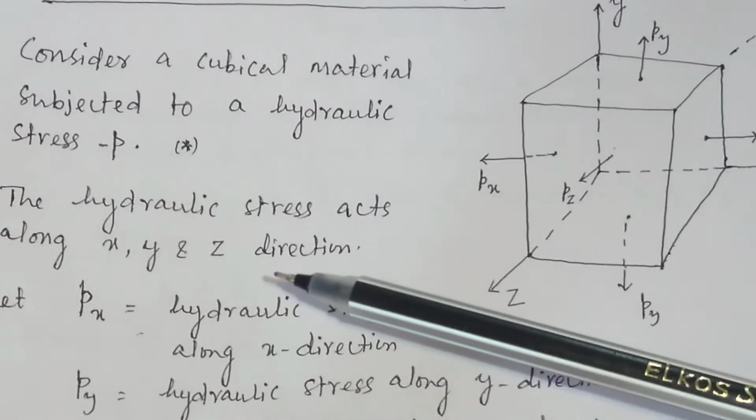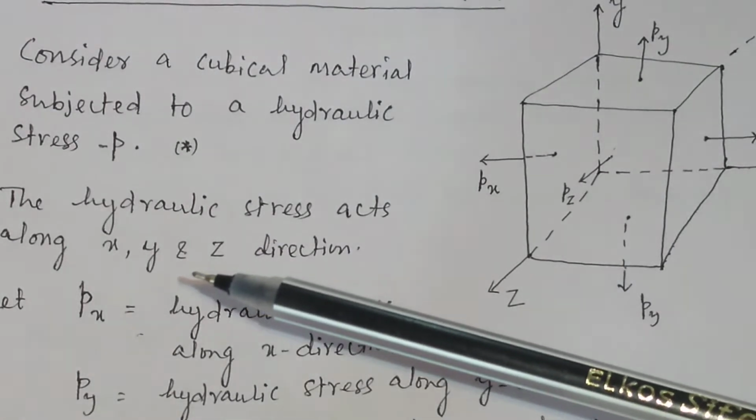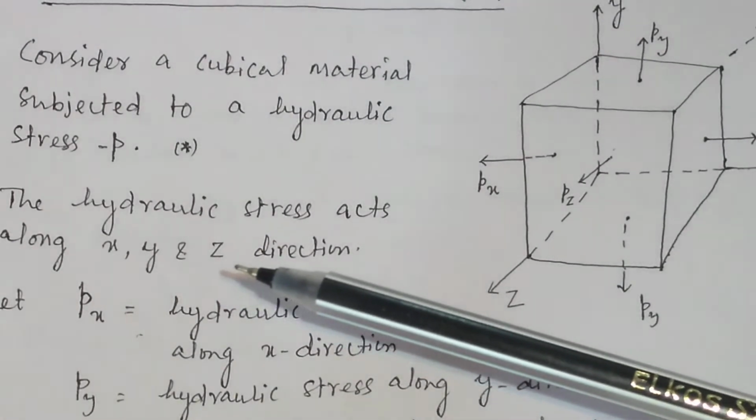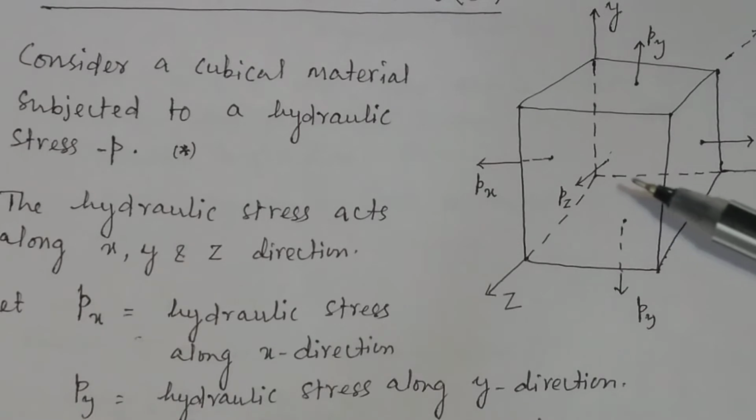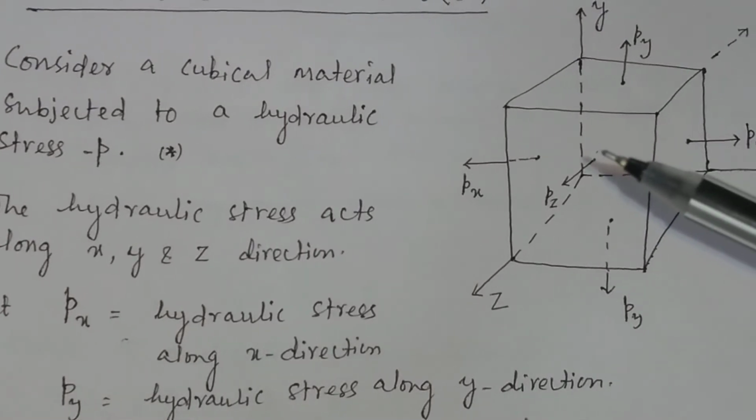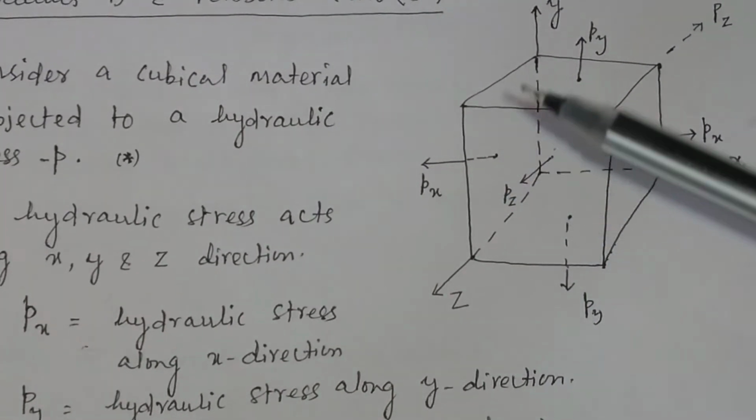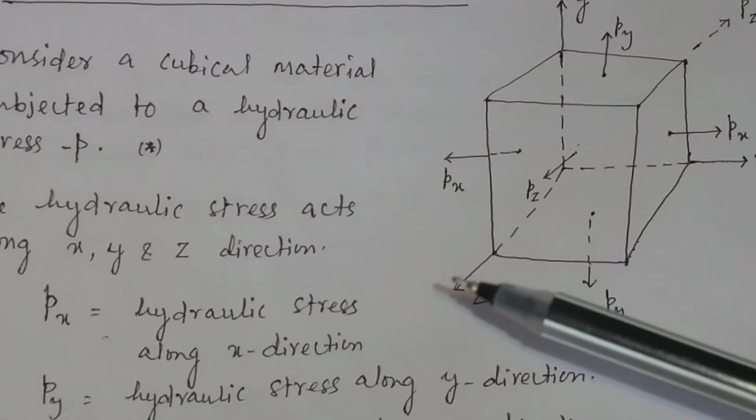The hydraulic stress acts along the three directions, that is the conventional x, y and z directions. This is your x direction, this is your y direction, and this is your z direction.